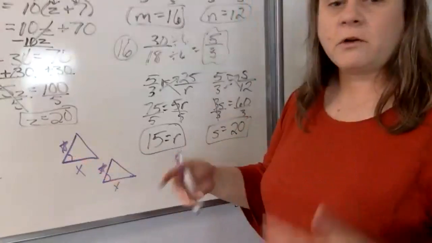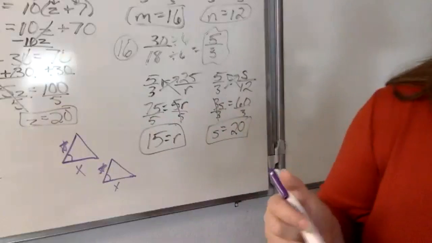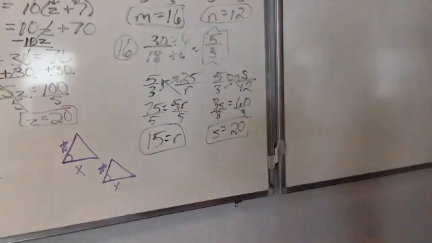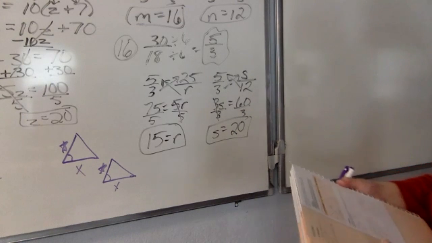And remember, they match them up with that little arc. They usually have that arc drawn on there. Okay, so that's what we're working with in 11.2: the different ways we can prove triangles similar. We have angle, angle, side, side, side, and side, angle, side.